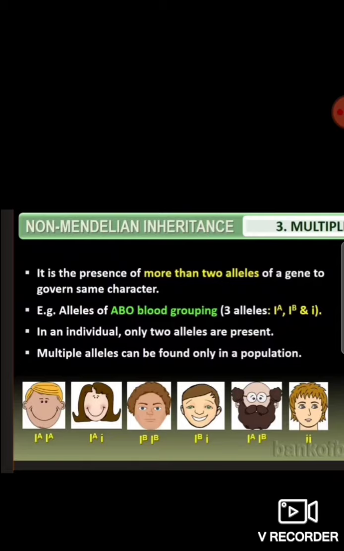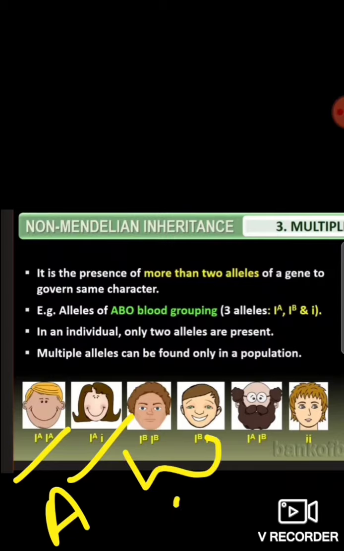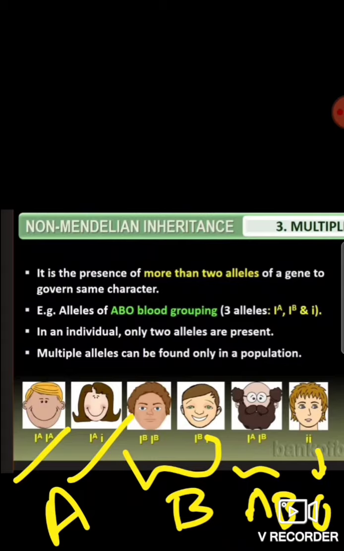3 alleles you can observe. So one blood group may be IA IA or IA i, which will express A blood group; IB IB or IB i, which will express B blood group; IA IB, which will express AB blood group; and ii, which will express O blood group. So like this there are multiple characters.